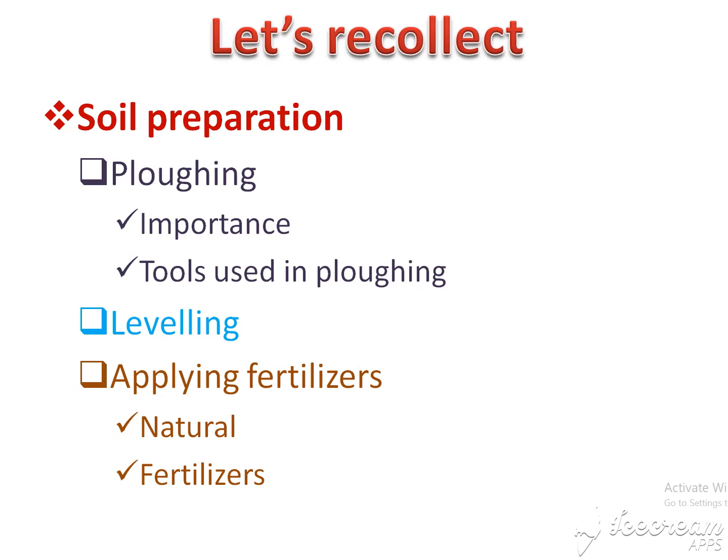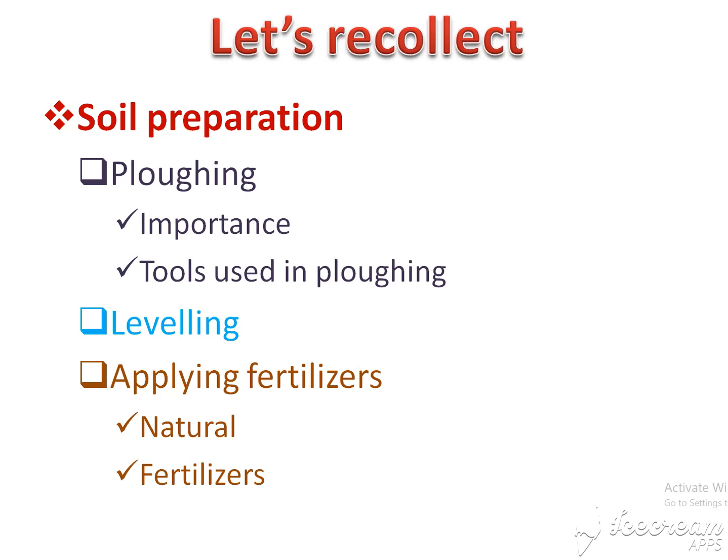It helps in mixing the soil with fertilizers, and the undesirable plants called weeds also get removed. So that is why we have to plow the soil. And then we learned the tools used in plowing, especially the plow and tractor.